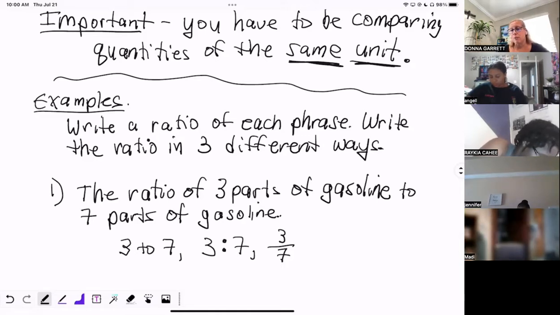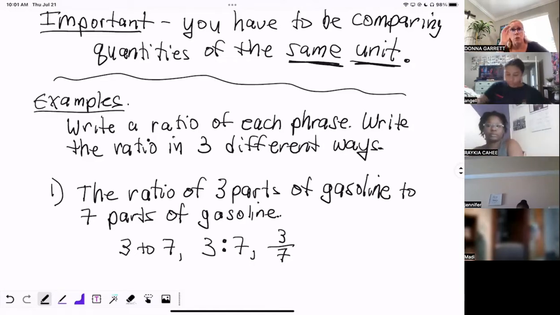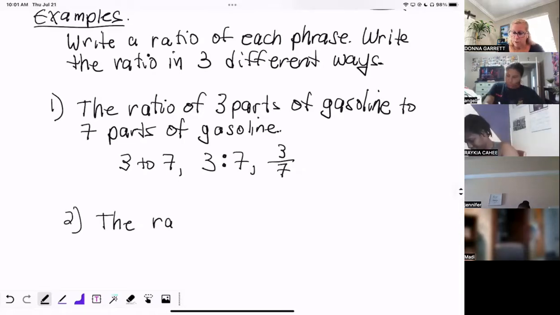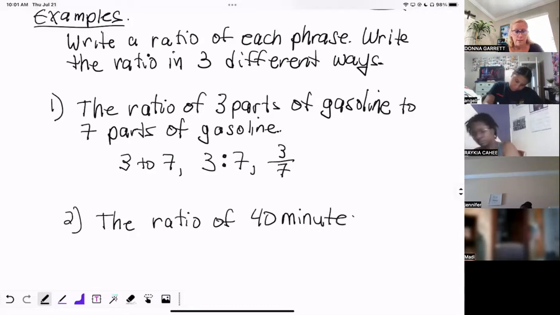The reason they have to be the same units is that the actual ratio doesn't have a unit, so you don't have to write the unit. If they're not the same unit, you can't write it as a ratio. And you're going to see it in this one too. The ratio of 40 minutes to 3 hours.